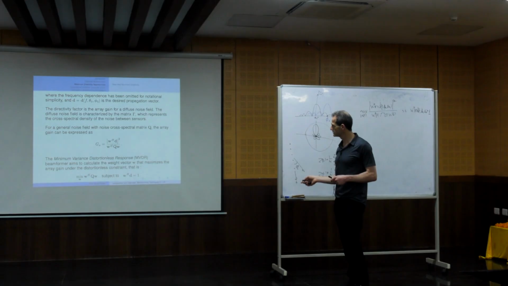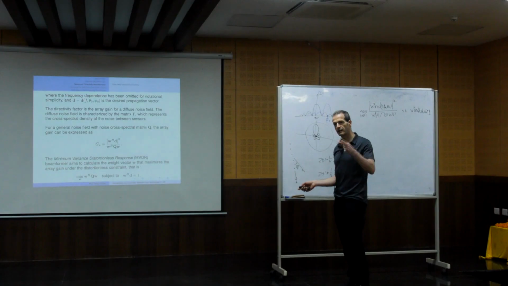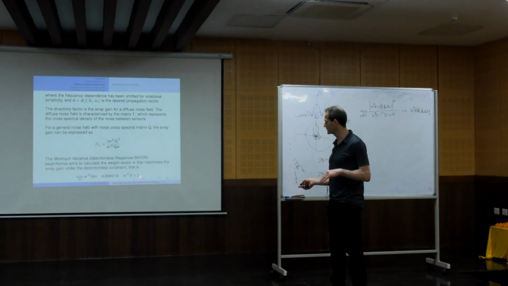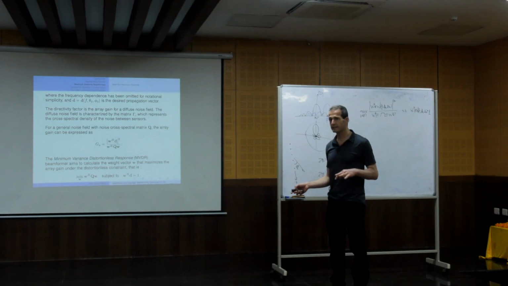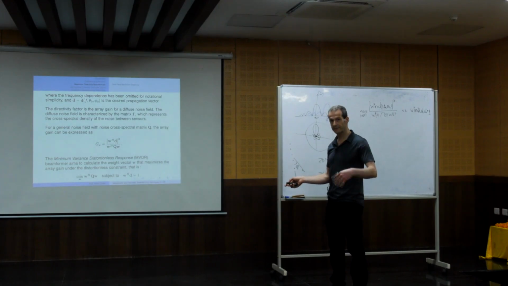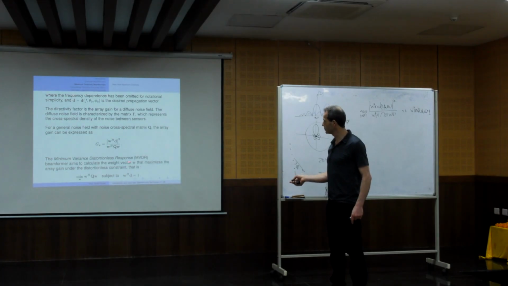This is called minimum variance distortionless response. It's distortionless response because it doesn't distort the desired source. So this is the constraint of the distortionless response. And minimum variance means that it minimizes the gain for the noise. It minimizes the denominator, the average gain for the noise, and we have distortionless response, so the numerator is constant, independent of frequency.